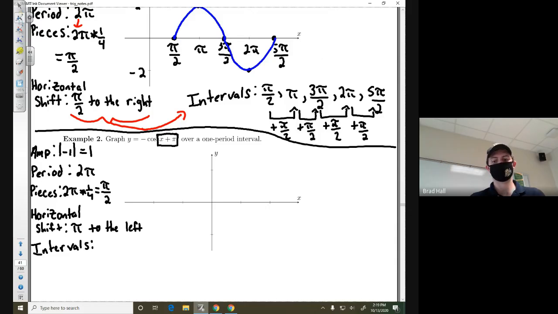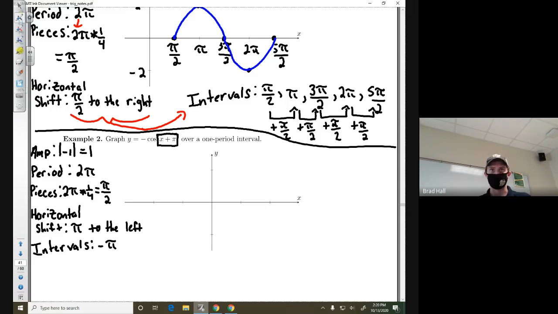The horizontal shift, -pi. Start off with -pi. It would be 0, but we took 0 and we shifted it to the left. So we're shifting 0 to the left pi units.